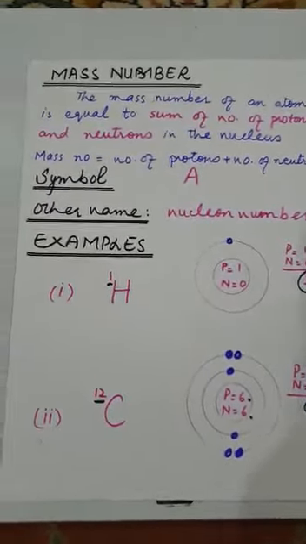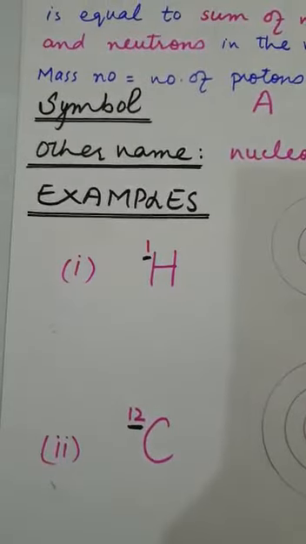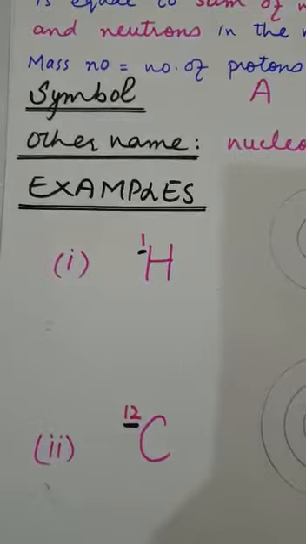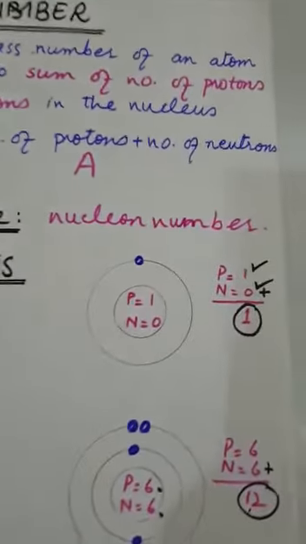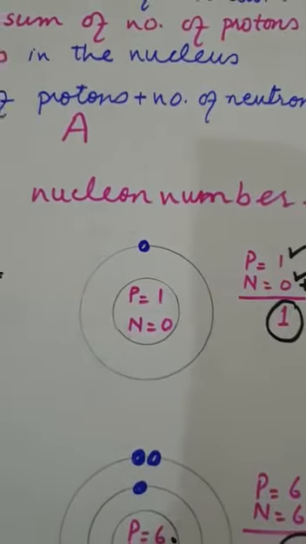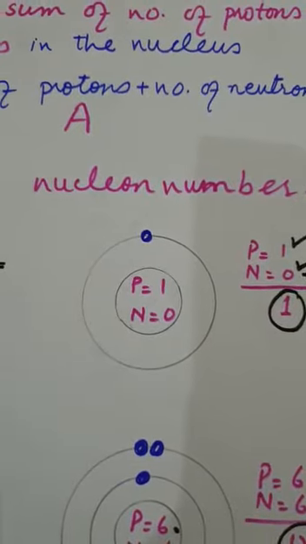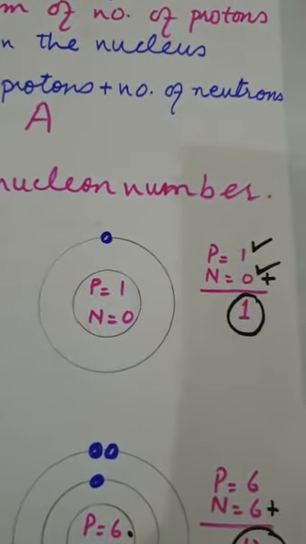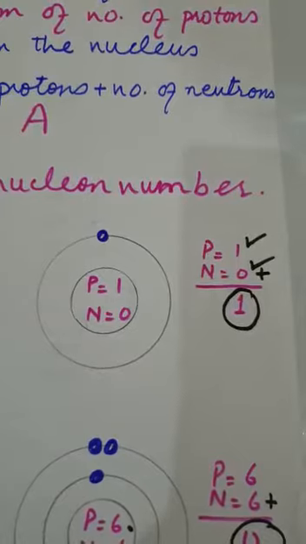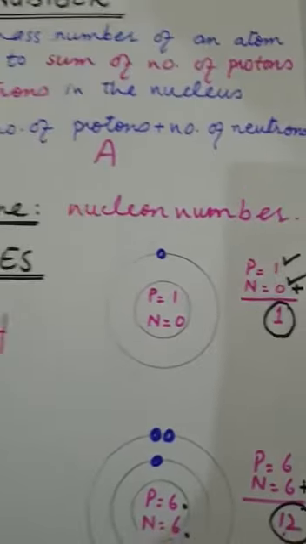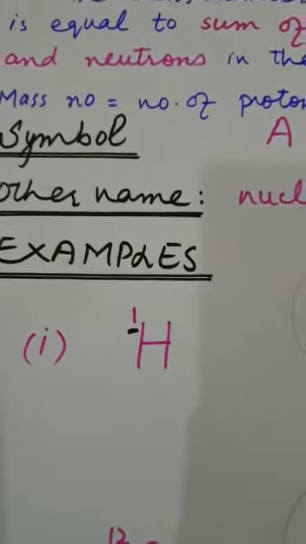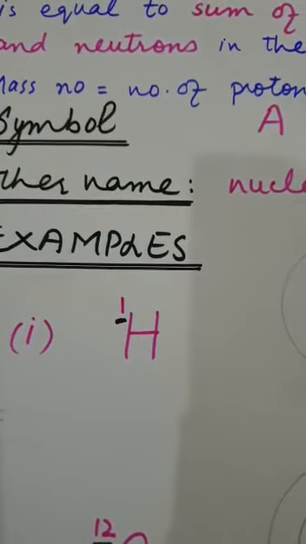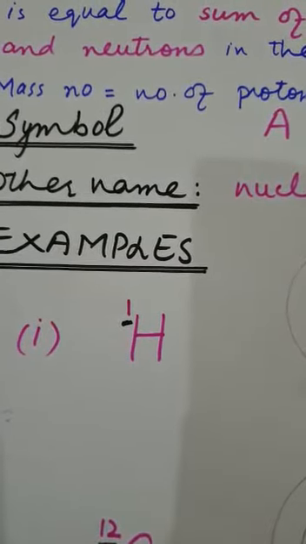After that we discuss some examples of the mass number. This is the structure of the hydrogen atom. We can observe that it contains 1 proton and no neutron. When we add 1 with 0, we get 1. So that 1 is the mass number of hydrogen, which is written above the symbol.